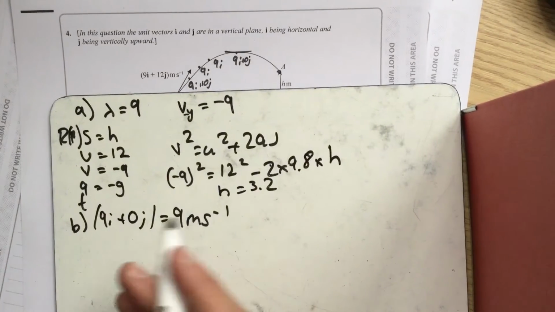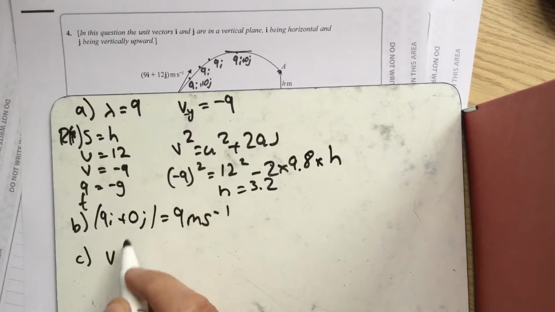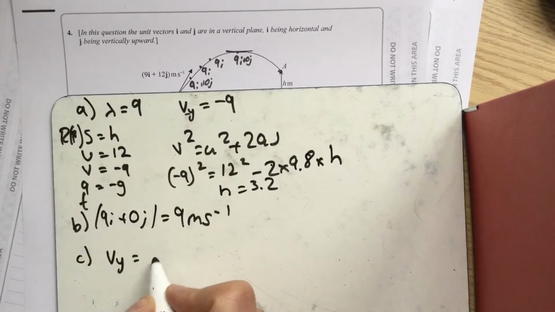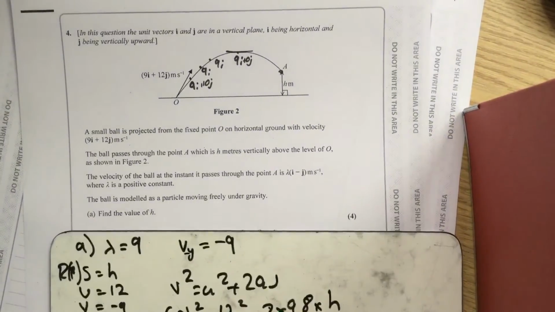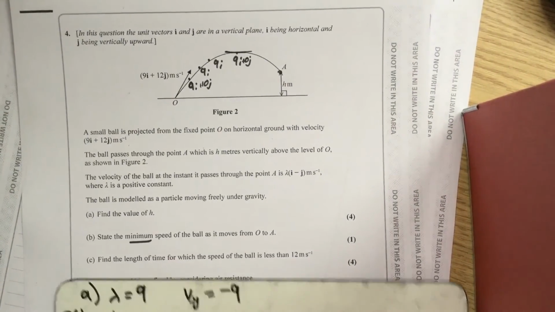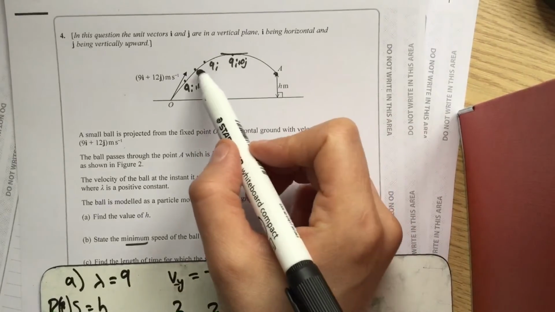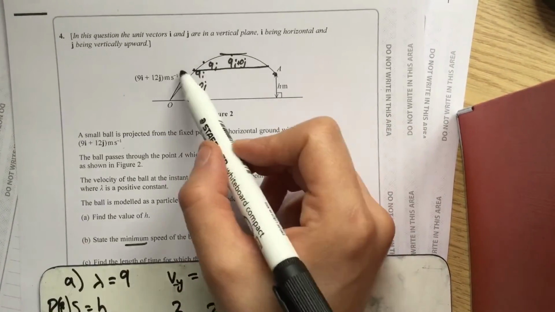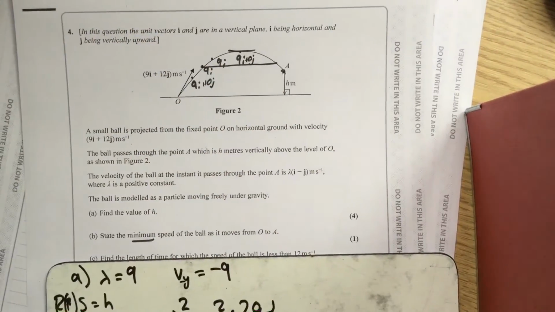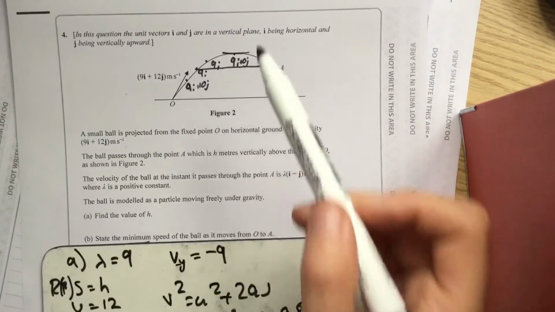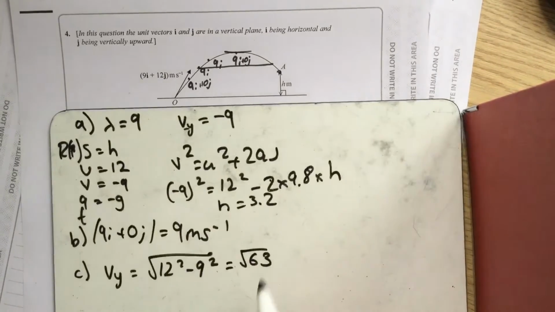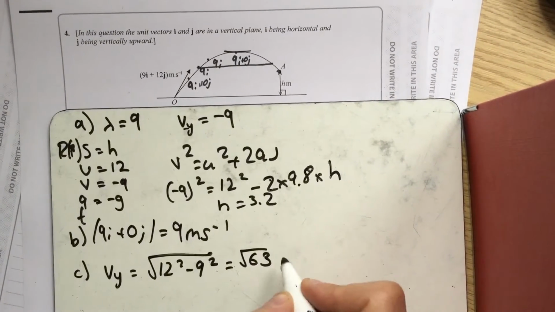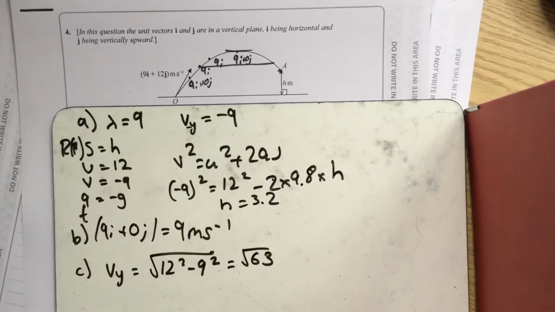So my vertical component, my Vy, is just going to be equal to the square root of 12 squared minus 9 squared. That gives me the point where, when you add these two components together, you get a total of 144. When I do that, I get root 63. So my vertical component of the velocity is root 63.